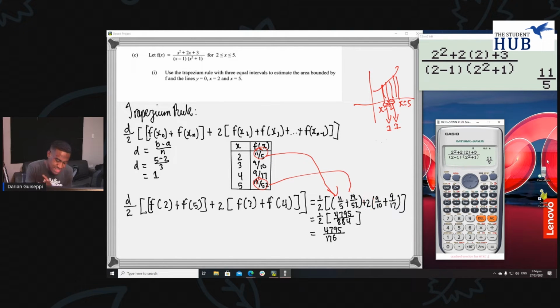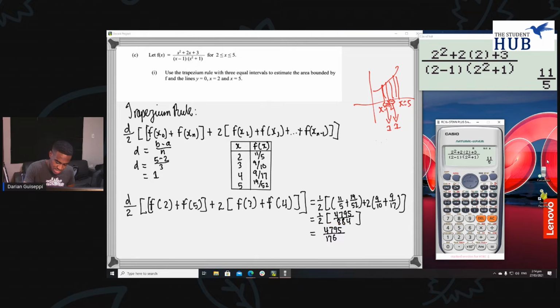So the key is really, this question is really about understanding the formula for sure. Remembering the formula and making sure you find D first. Find D first and you should be good. Understanding the intervals and making sure that you find the correct D. After that, this is basically a solution here.